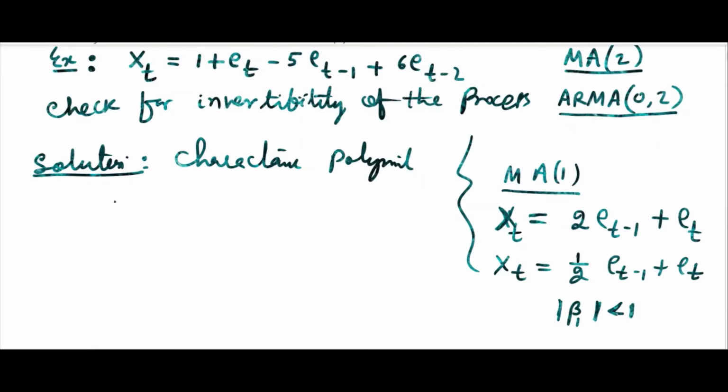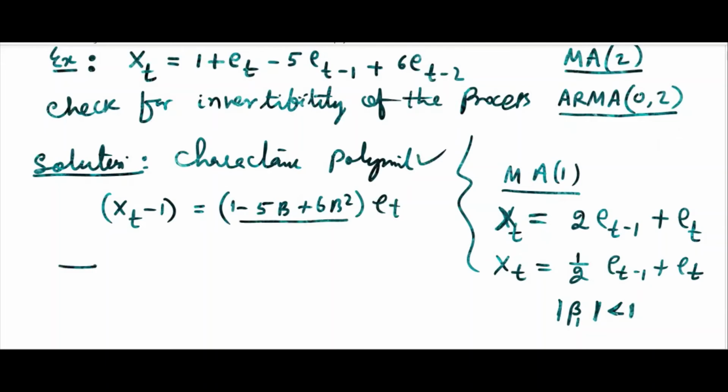Remember, Xt, or Xt minus mu, you can write this way always. You take 1 minus 5B plus 6B squared, with et common. From this you will get your characteristic polynomial. So replace B by z, 6z squared, and you have to equate it to 0.